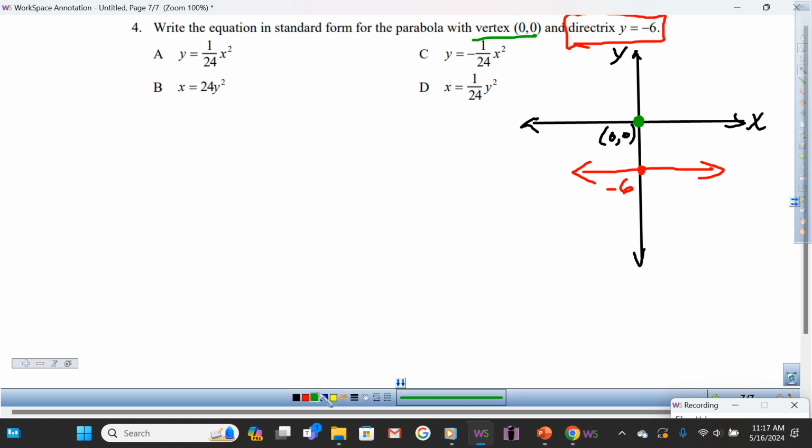Now let's see if you remember. We need a focus. Let me change this one to blue, or that's fine, you can leave it like that. This is our focus. Tell your neighbor what you remember about the focus and the directrix from the vertex. Talk to your neighbor. What do you remember?